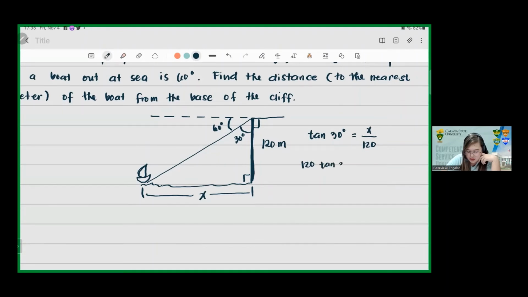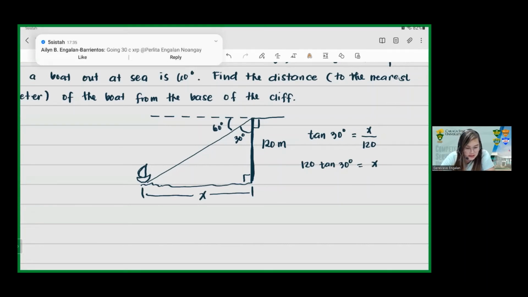Tangent of 30 is equal to x. Okay, pila itong tangent ni 30 sa unit circle? Sine over cosine.